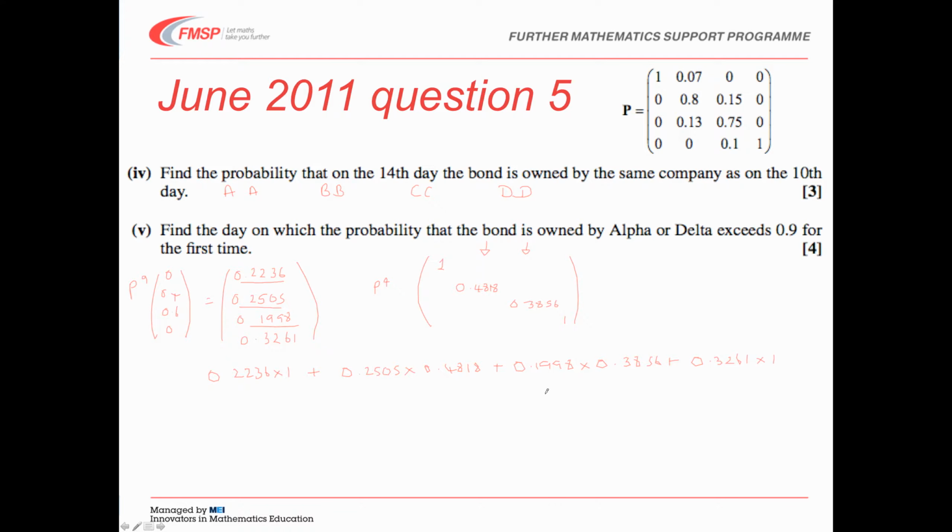Okay, so you multiply these diagonal probabilities, and if I work that out, I get 0.7474. So that's just a slight extension of the question that we had in the last one.